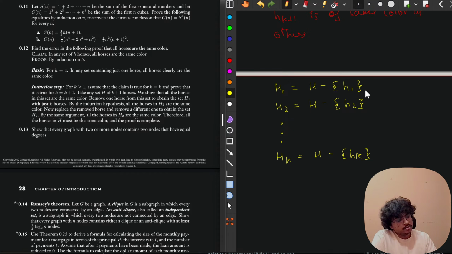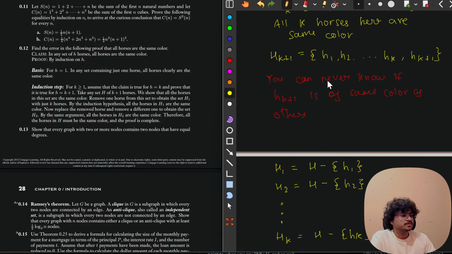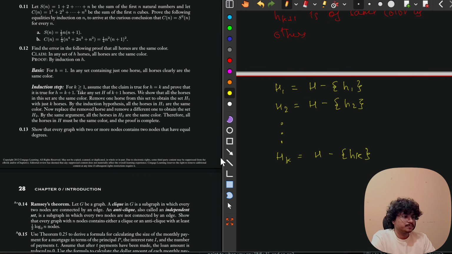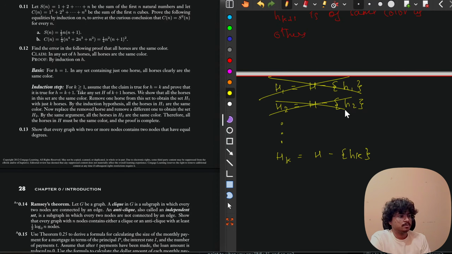I think you're wrong here because you don't know if Hk plus 1 is going to be the same color as all of the others. So this claim itself is wrong, and thus all claims are wrong. The only claim which is going to be true is the Hk plus 1 element and subtract, because I have defined Hk plus 1 already.